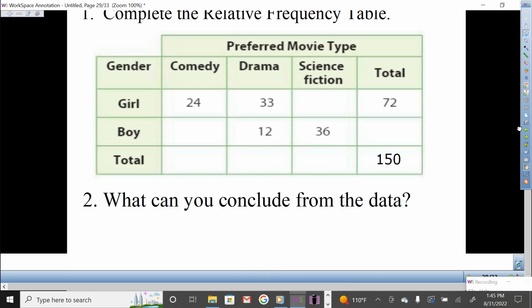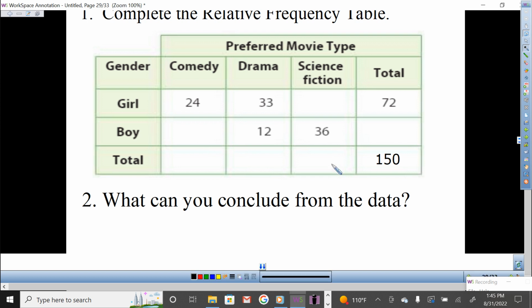Go. Point 16. Point 16, hands if you got that. All right, give me another one. Point 2. Hands if you got that.